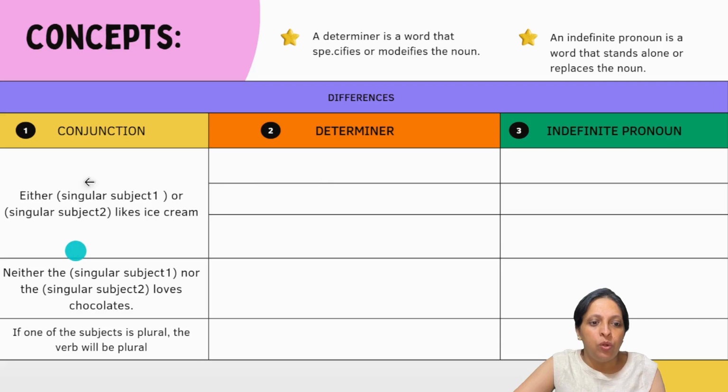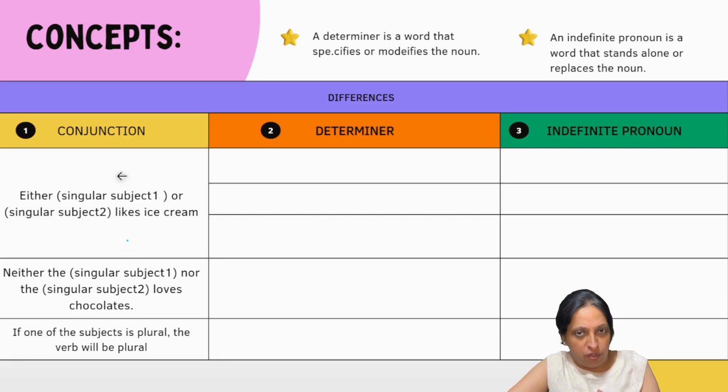So what do we do? For example, either, and then after that, a singular subject, which is subject 1, or another singular subject, which is subject 2. What will the verb become? If both the subjects are singular, we have just learned that the verb will become singular.